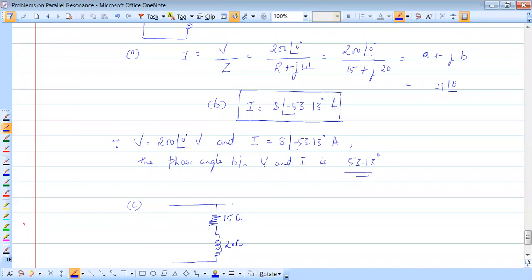Then you are connecting a shunt capacitance C across this. Shunt means in parallel. And this is what we had earlier: a 200 volt, 50 hertz supply.